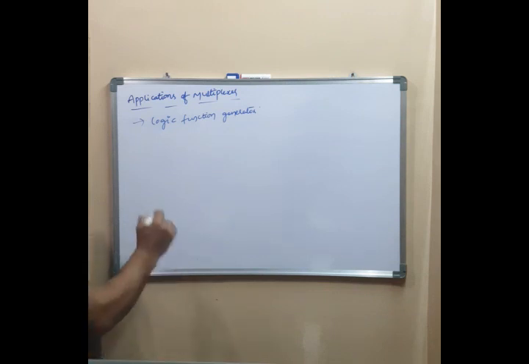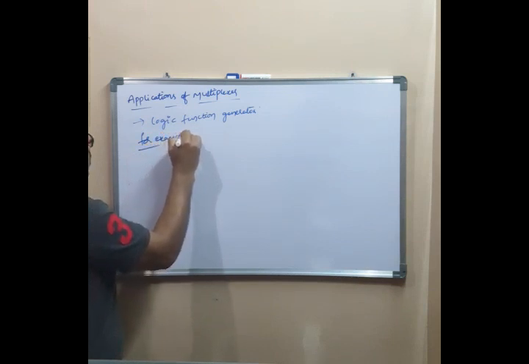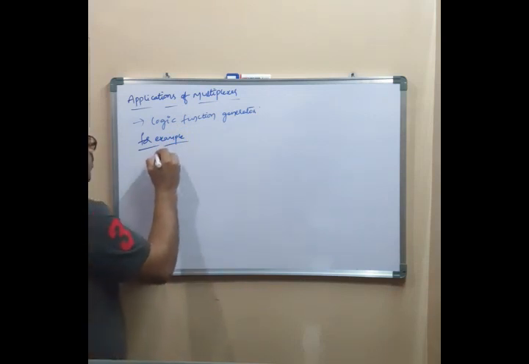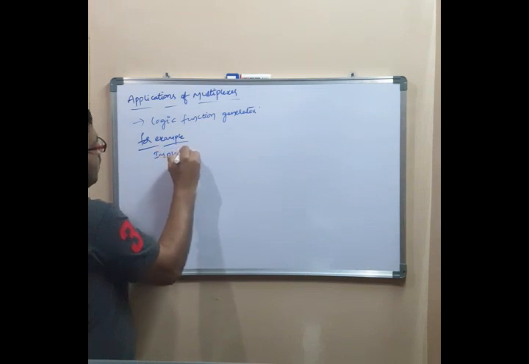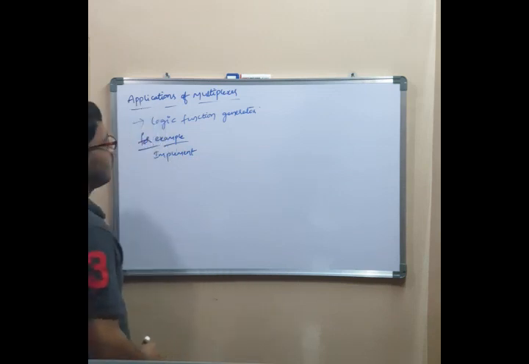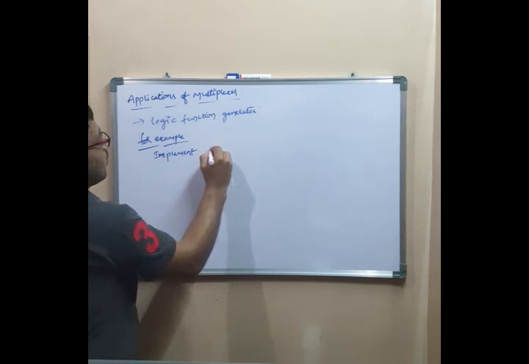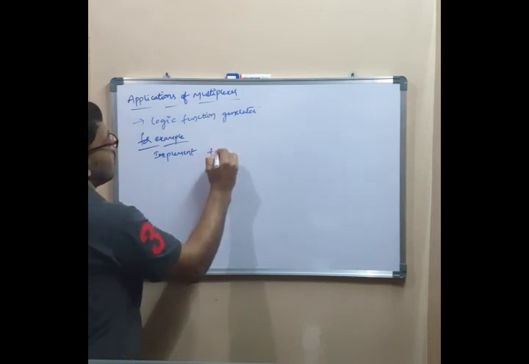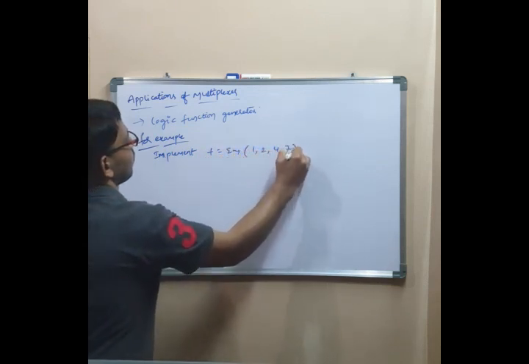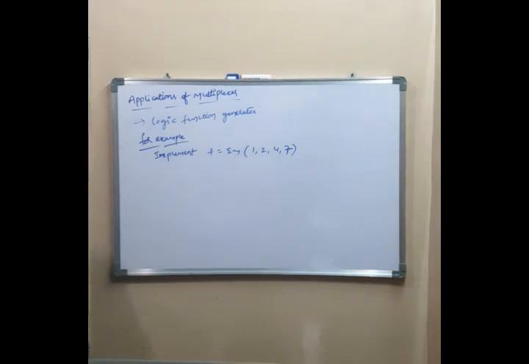Suppose, for example, I want to implement a full adder using mux, right? Let us see how. Implement f is equal to summation of minterms 1, 2, 4, 7, right?